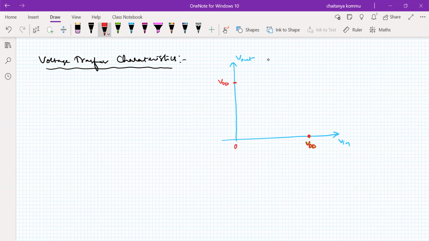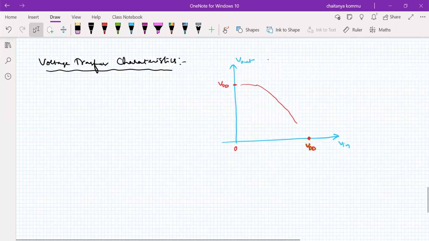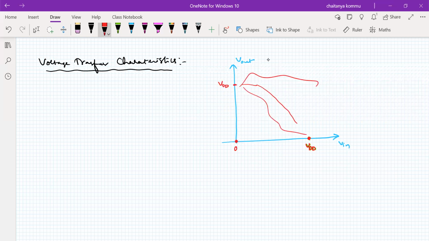Now we are moving from a higher voltage to a lower voltage, something like this. These are the distinct values we have considered, 0 volts to VDD. How will it move? In which way is it decreasing? We have to understand this by applying physical voltages between 0 and VDD, and then we can identify its characteristics.